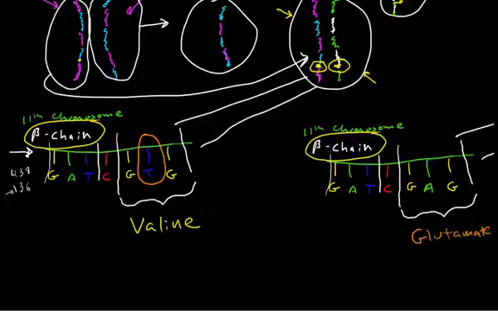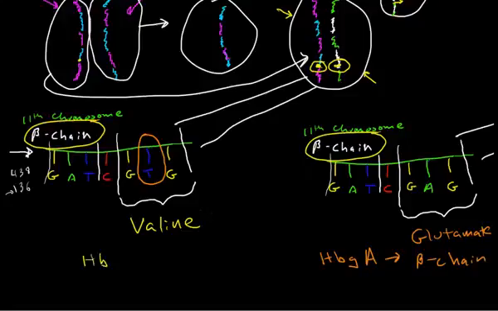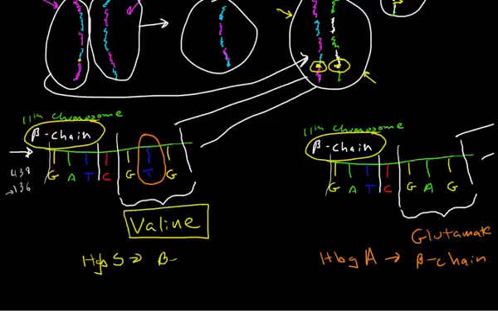Well, half of the hemoglobin that gets produced will be normal hemoglobin A because it has a normal beta chain. The other half will be producing hemoglobin S because it has an aberrant amino acid within the beta chain.